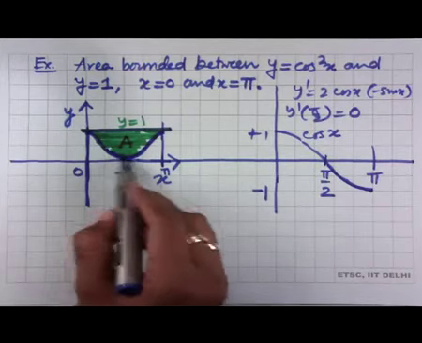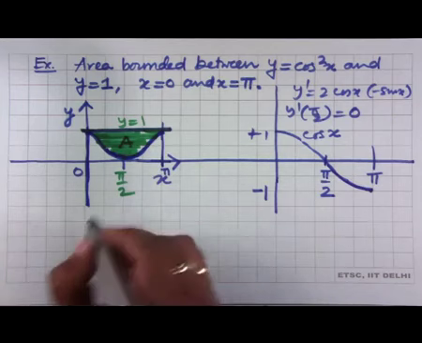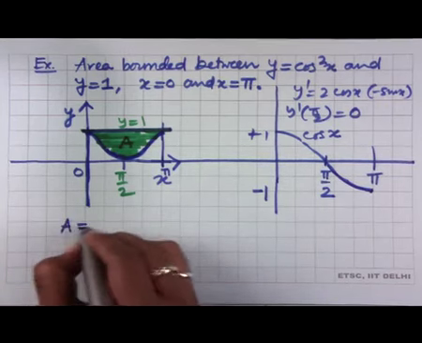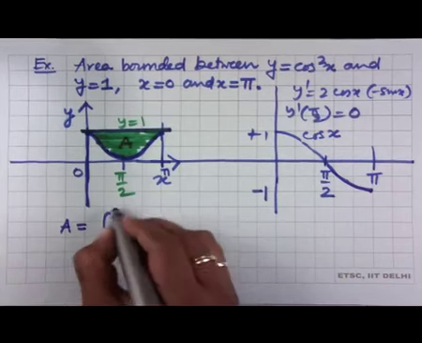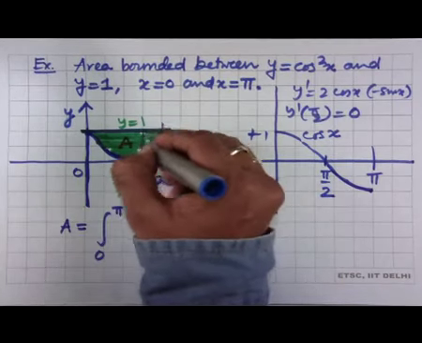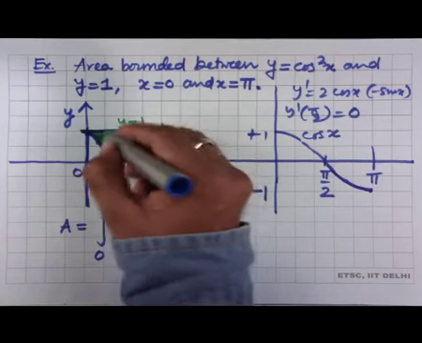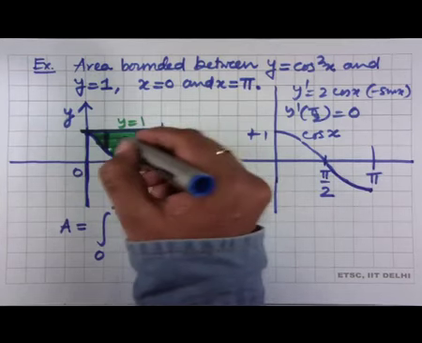The tangent at pi by 2 is the x axis. So, the required area is therefore from 0 to pi. The elementary area will be the vertical strips.